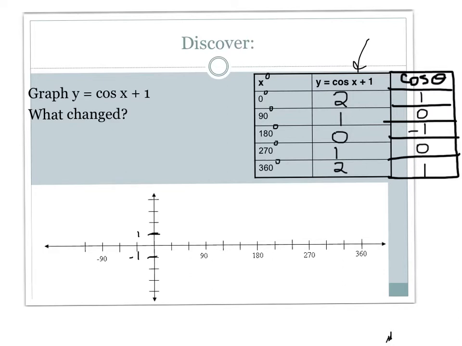So at 0 degrees we're going to be at 2. 0 degrees, 2 is that point. I'm going to stop writing the coordinates here. 90 is at 1. 180 is at 0. 270 is at 1. And 360 is at 2.